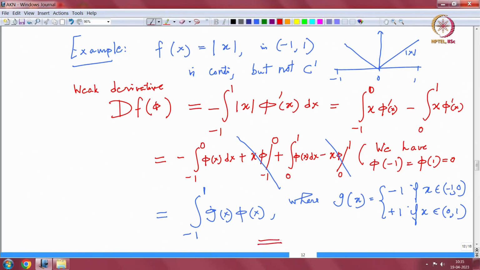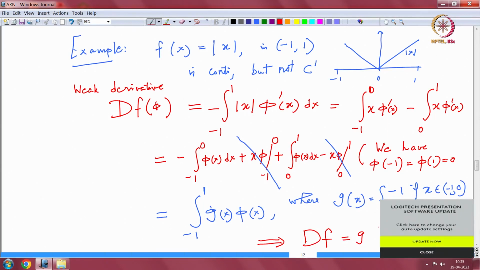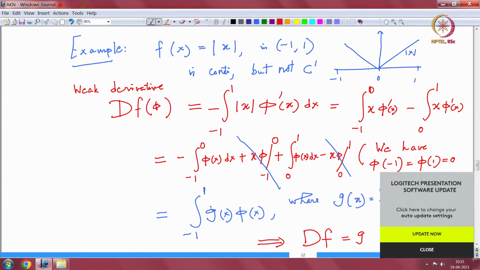So, this implies my weak derivative df is equal to g, that is the same as f prime. Keep note, this is a remark you have to know, that f prime of x is equal to minus 1 if x is in minus 1 to 0, and it is plus 1 for x in 0 to 1.